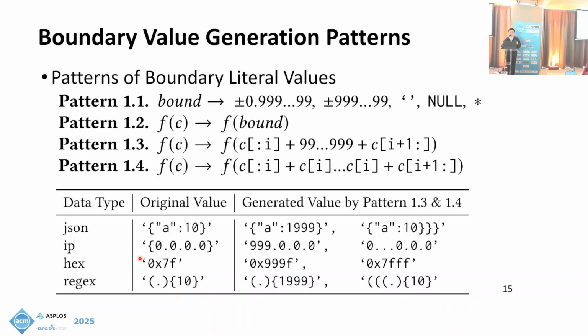These potential boundary values for such arguments can be roughly constructed by appending repeated characters via pattern 1.3 and 1.4. The table shows the values generated by pattern 1.3 and 1.4. It can be used to generate different types of values like JSON, IP address, regex.